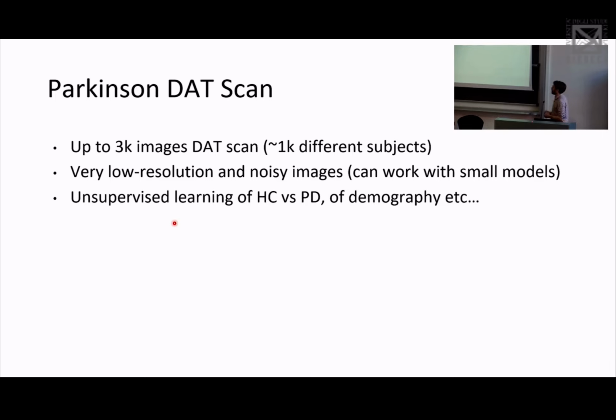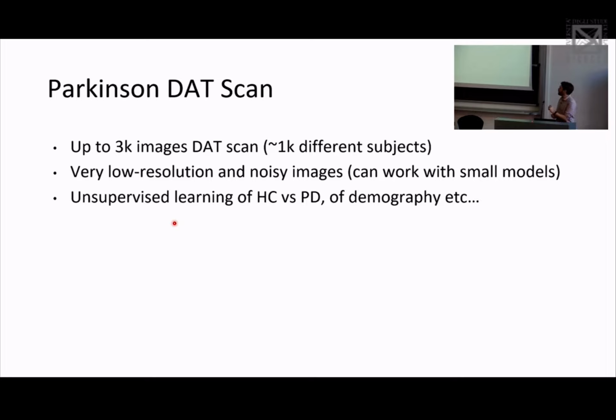Also here the dataset is unbalanced, this time with 9% healthy controls, because they don't really have a reason to acquire this nuclear medicine modality for lots of subjects.